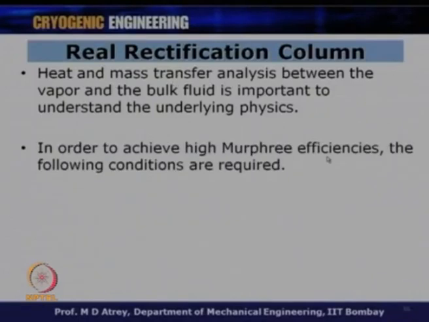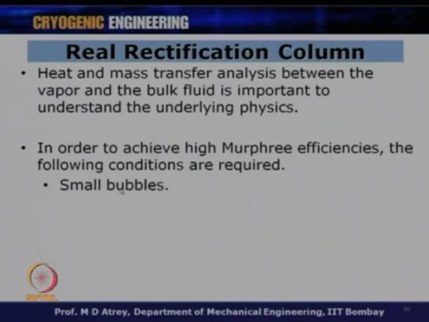So, in order to achieve high Murphy efficiency, the following conditions are required. A lot of analysis and a lot of work has gone into this. The conclusions are that if you want very high Murphy efficiency, the following conditions should be met, which will ensure very good heat and mass transfer between the vapor and the bulk fluid.